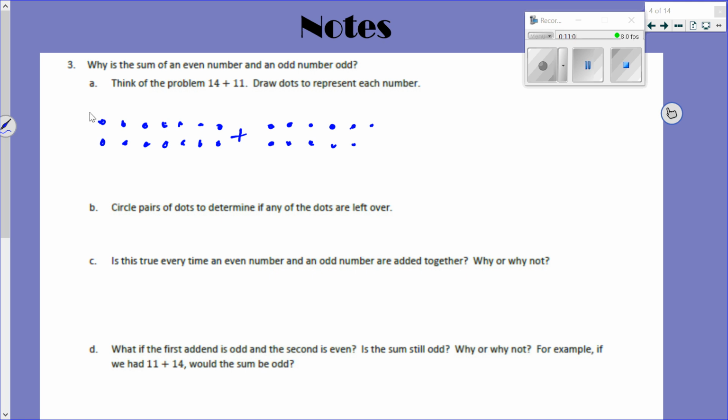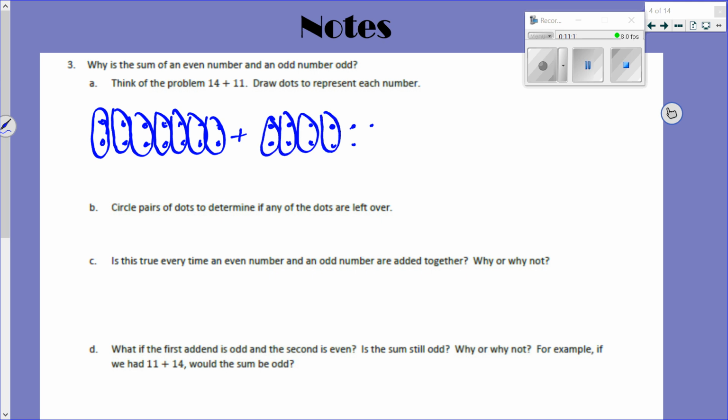Just as we've been doing, we're going to go ahead and circle our pairs. So our 14 is going to give us 7 pairs of dots. On the 11, we're going to end up with 5 pairs of dots. And 1 is left over. So once again, does it matter how large the number is?